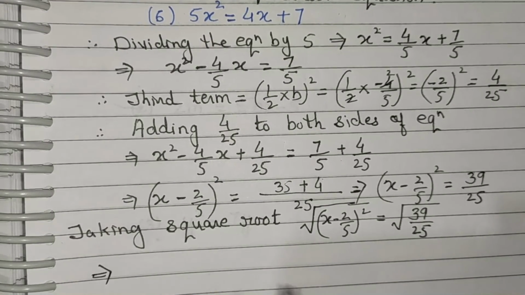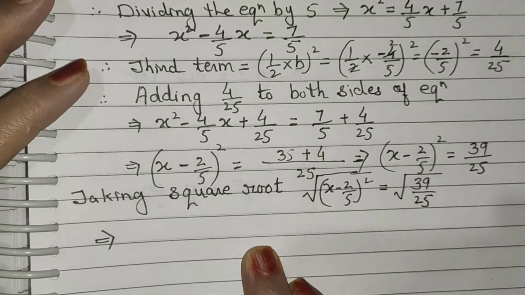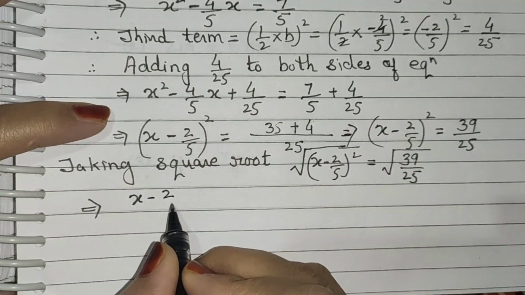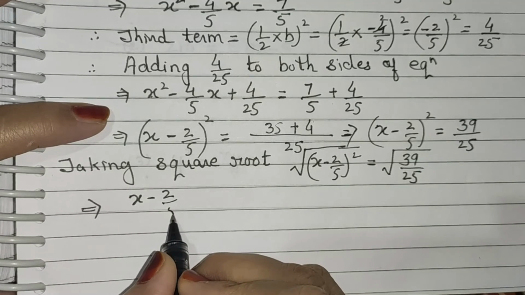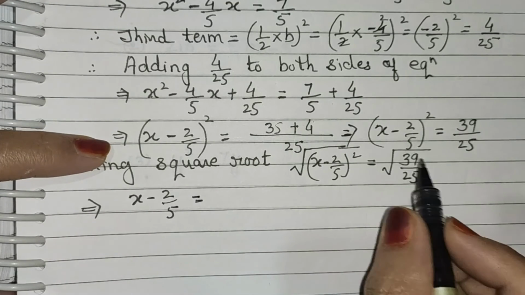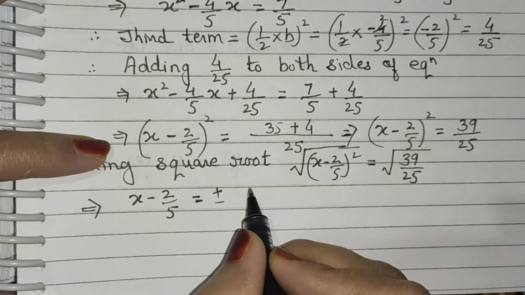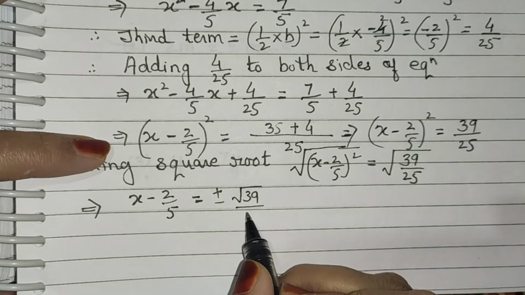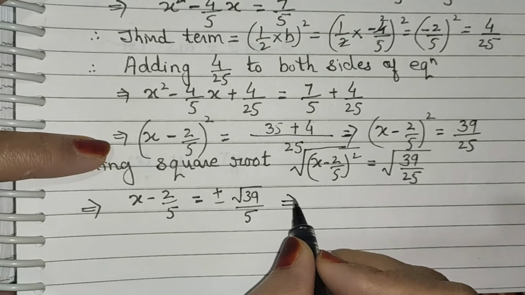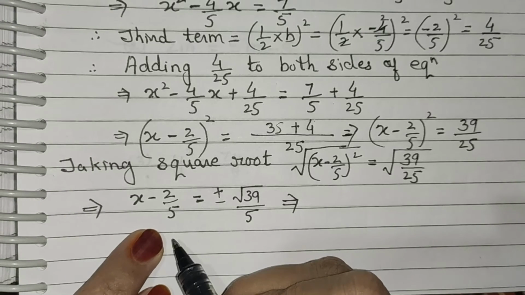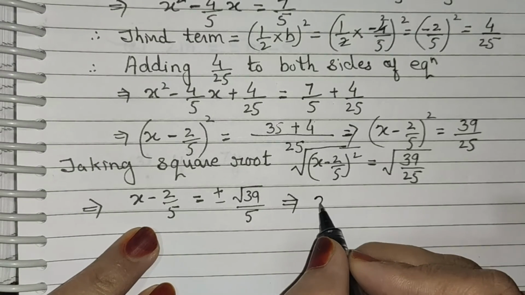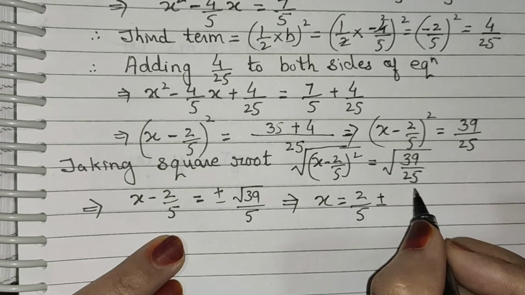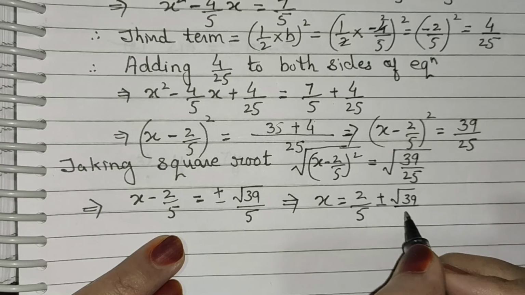We get here, now square and square root both are cancelled. x minus 2 upon 5 is equal to plus minus square root of 39 upon square root of 25, which is equal to 5. Shifting minus 2 upon 5 to right hand side, we get x is equal to 2 upon 5 plus minus square root of 39 upon 5.